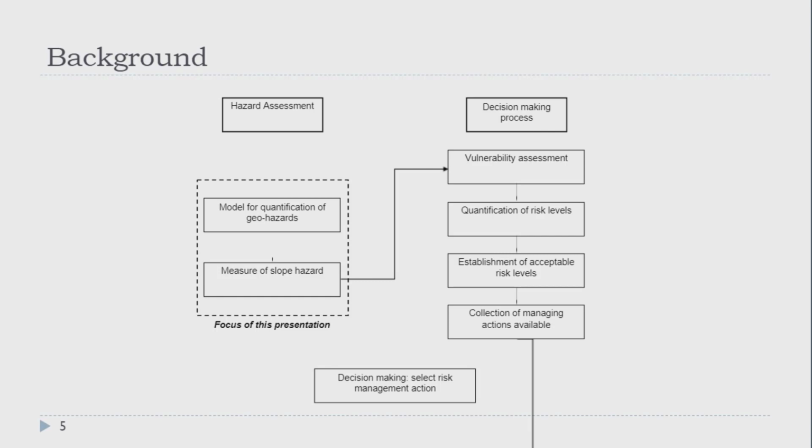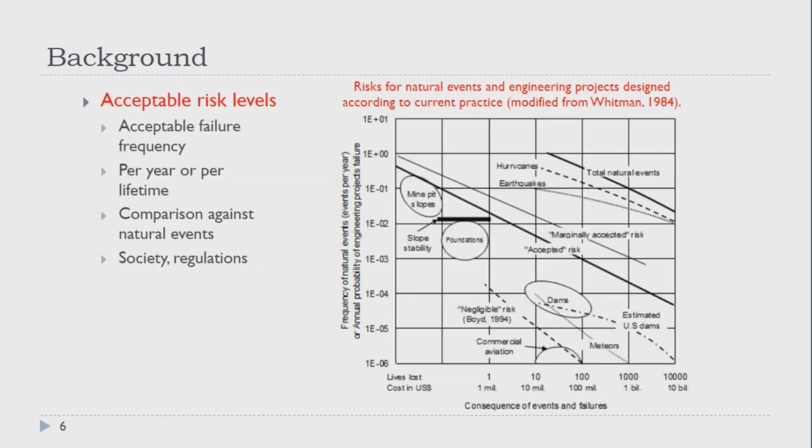Take that in combination with a collection of managing actions available, and then we can make our decision. So, speaking about quantification of risk levels, this figure here by Professor Whitman shows that these levels depend on the consequence of failure.